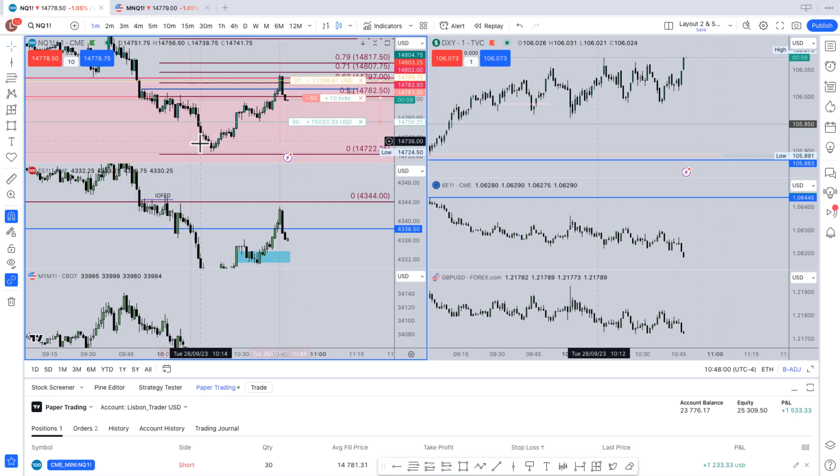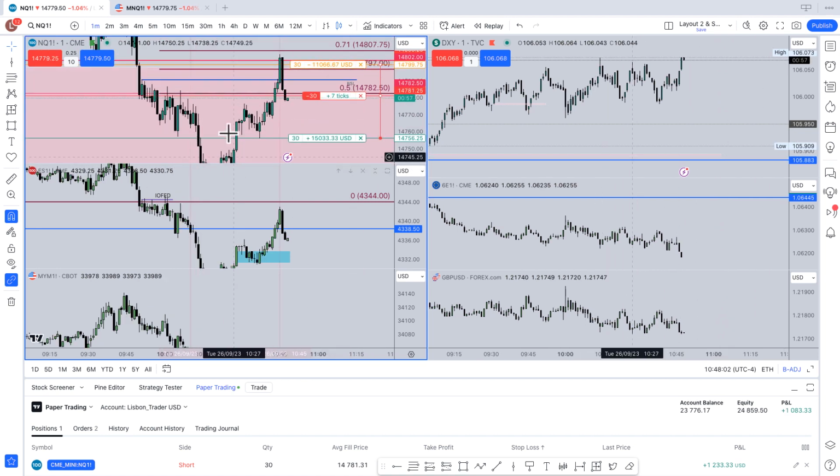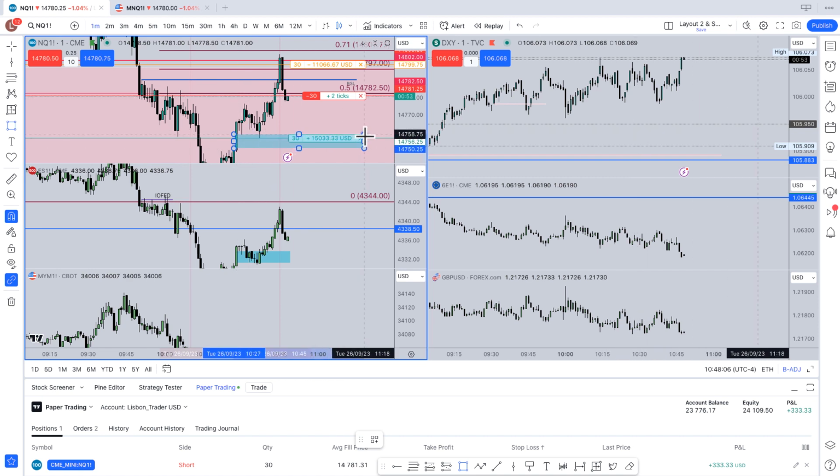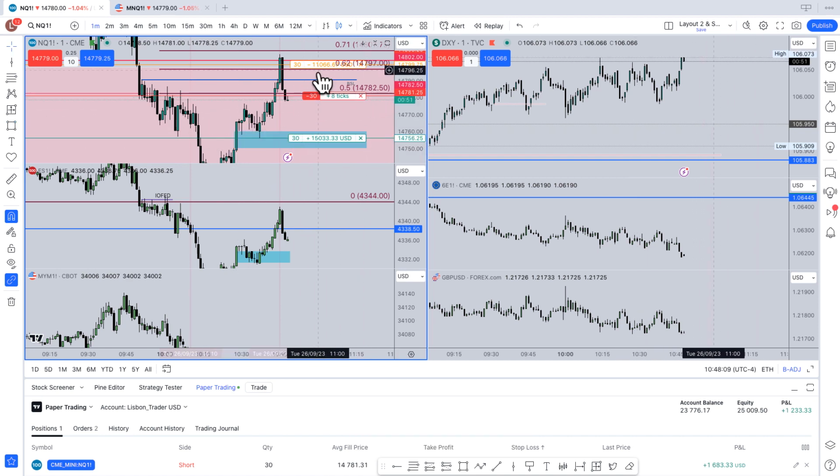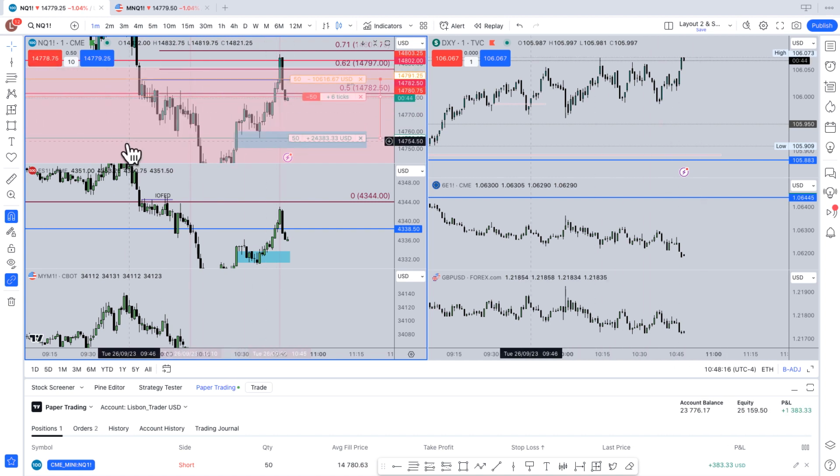Yeah. Mention to this fair value gap to be revisited once again. There.